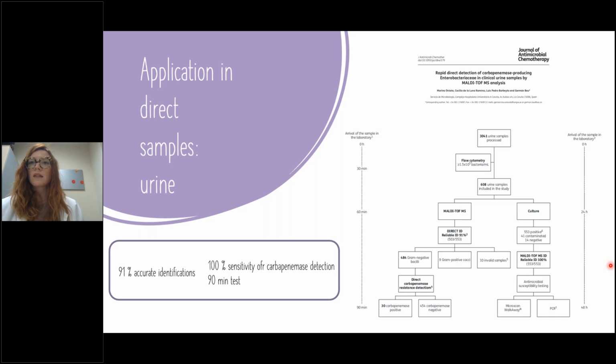And we had 91% of accurate identifications and 100% of sensitivity in the detection of carbapenemases. We just had to introduce a first step of screening by flow cytometry, because it is true that if the concentration of bacteria is low, it is very difficult to perform the hydrolysis assay.